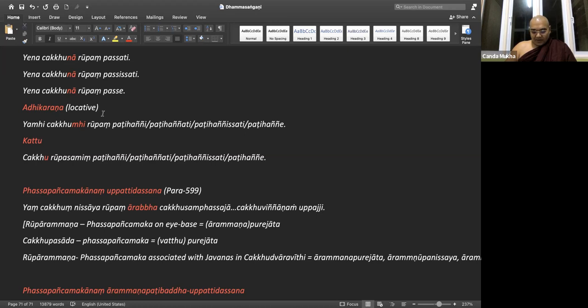But here in this description: cakkhu ārammaṇaṃ sampaṭicchamānameva. So only when the eye sensitivity accepts or receives the object, it can be said to strike in the visible object.